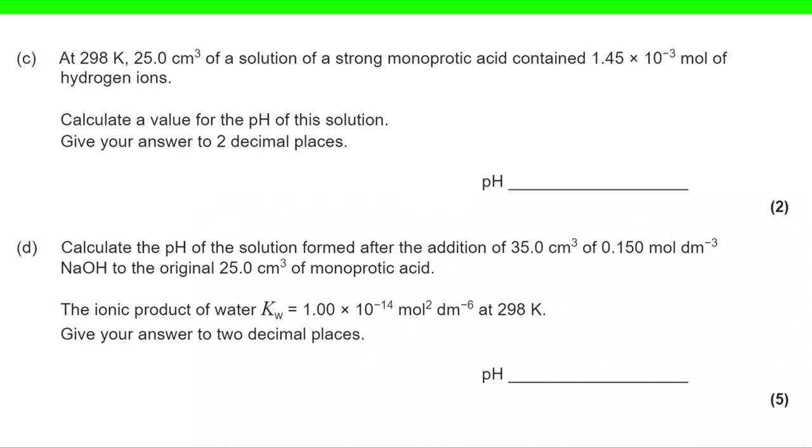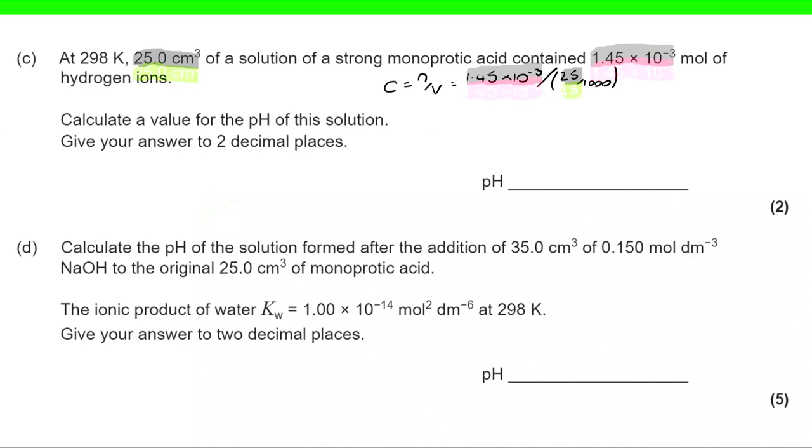Moving on to part C, and we have a calculation here. We have got a temperature, a volume, and we have got a number of moles of hydrogen ions. So we need to know the pH. Well, the first thing I need to do is work out my concentration of the acid. So I know how many moles of H plus there were, I know what volume there was.